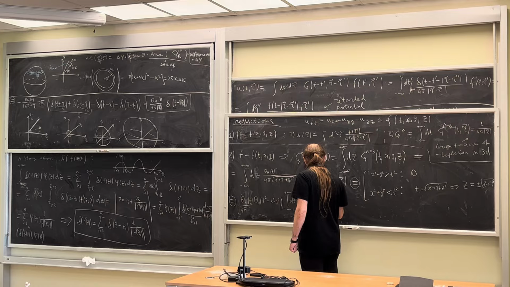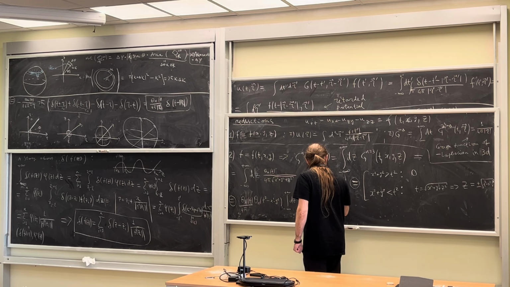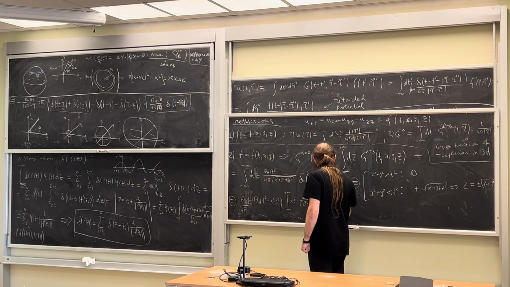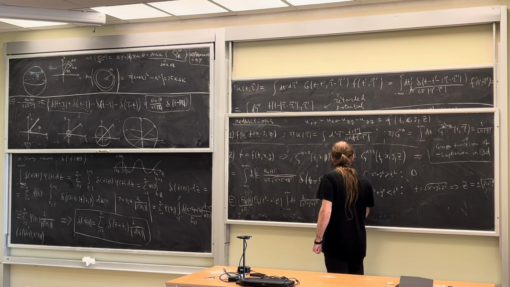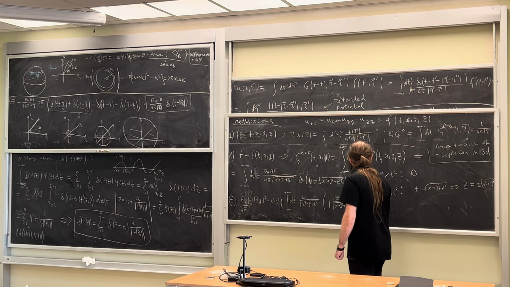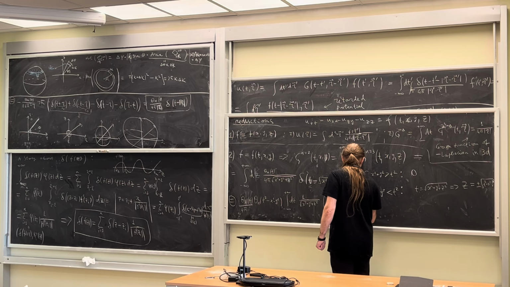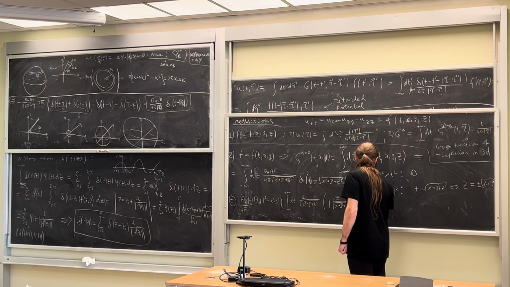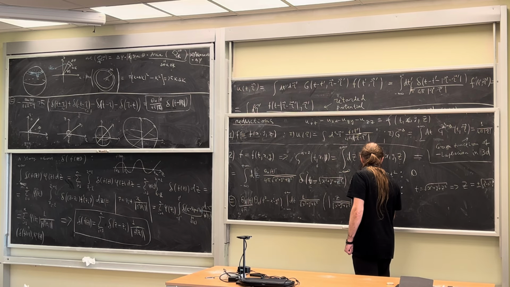So this derivative is z over the square root of x squared plus y squared plus z squared, inverse, with z substituted to this value, equals plus square root of t squared minus x squared minus z squared.